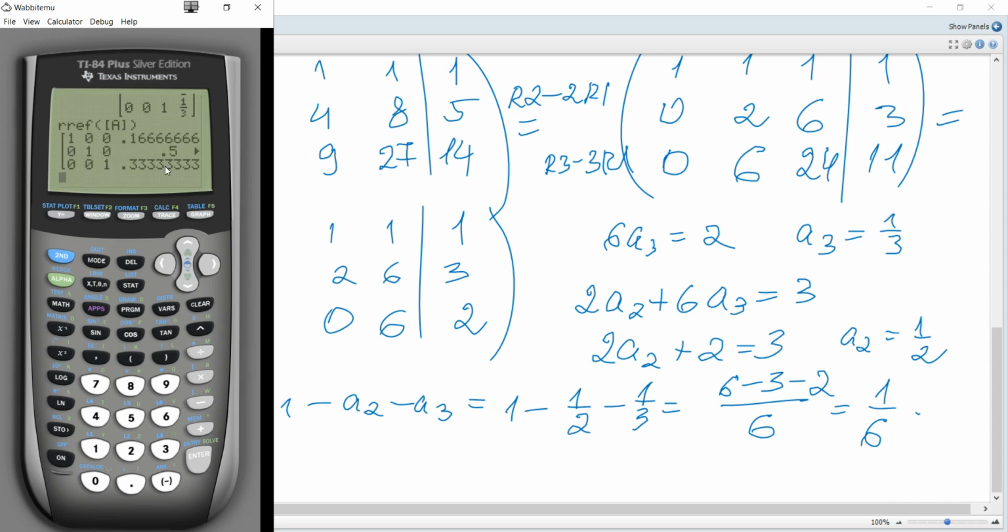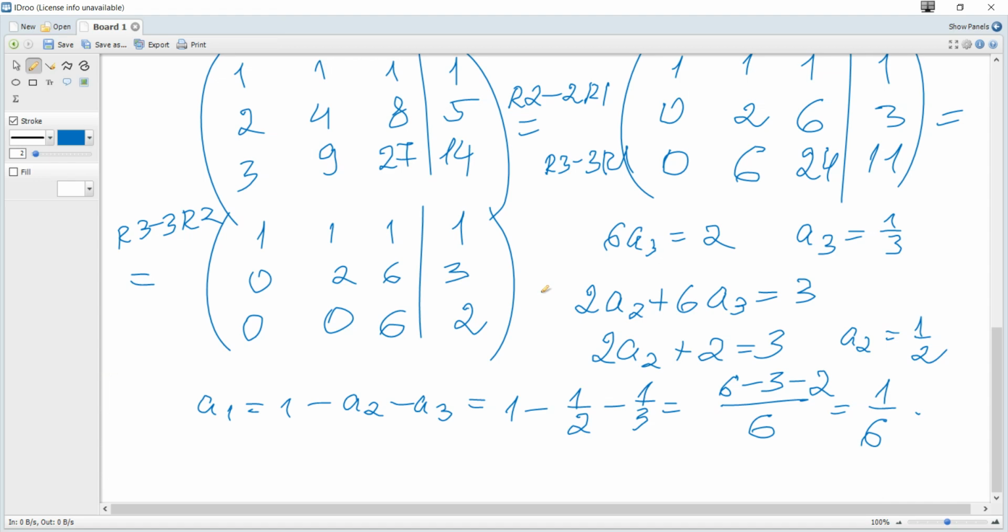And this column gives us the required values, and just math fraction, and we can see that we get the required values: a1 is 1/6, a2 is a half and a3 is 1/3.